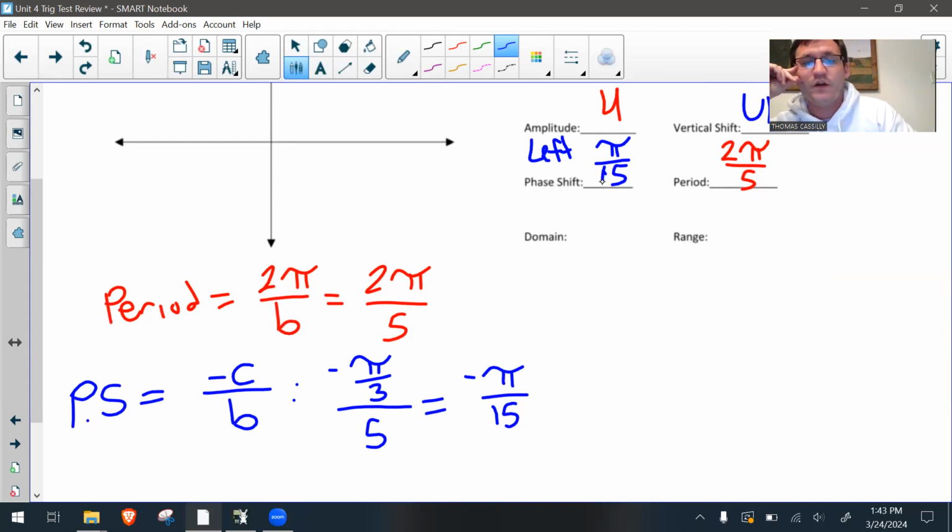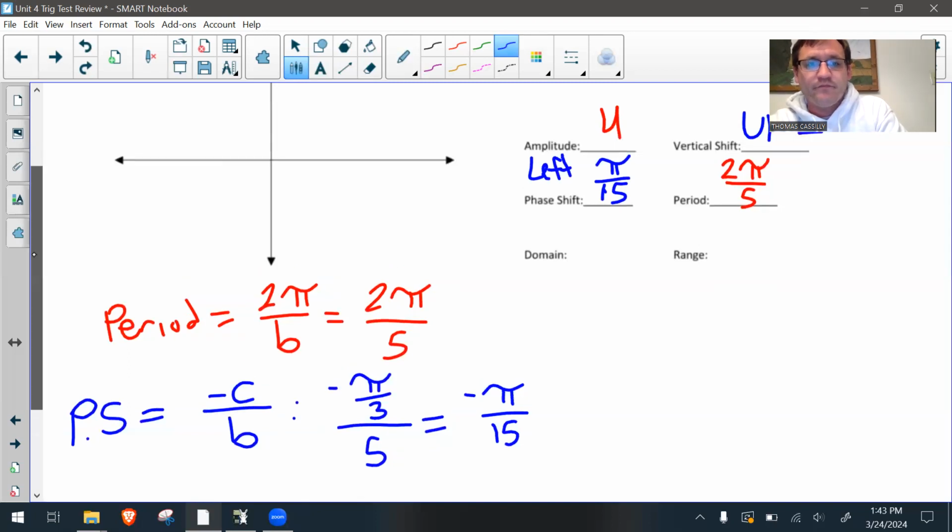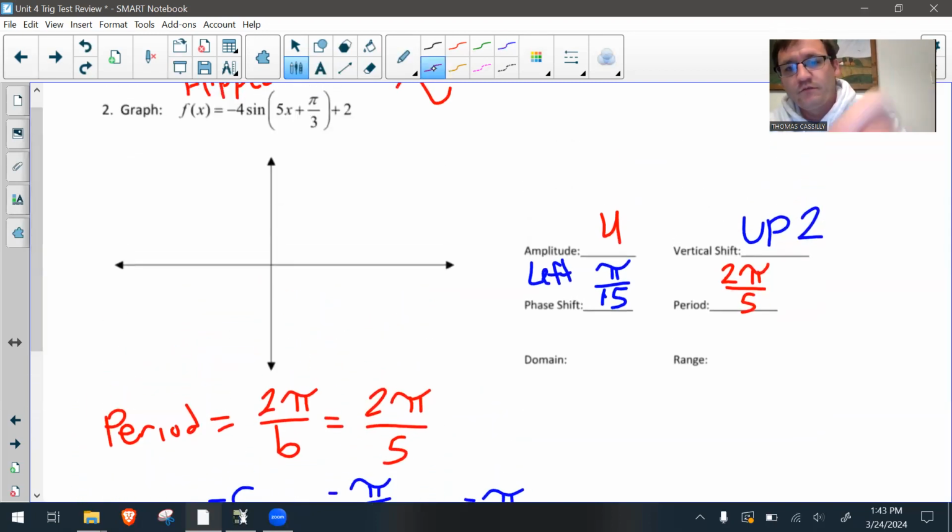All right, the domain, just looking at the equation, that's going to be -infinity to +infinity. Again, that's going to be the same on all of these types of questions. And then the range is going to be the midline plus or minus, or the vertical shift. So the vertical shift, I said midline on the previous page, the vertical shift plus or minus the amplitude.